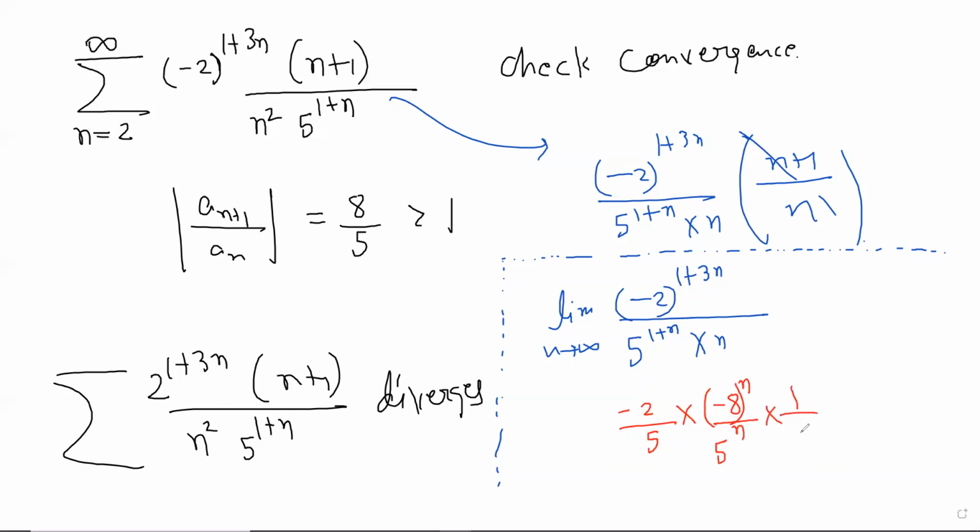Now suppose I separate that minus by taking minus 1 power n separate. We'll again get 8 by 5 power n.